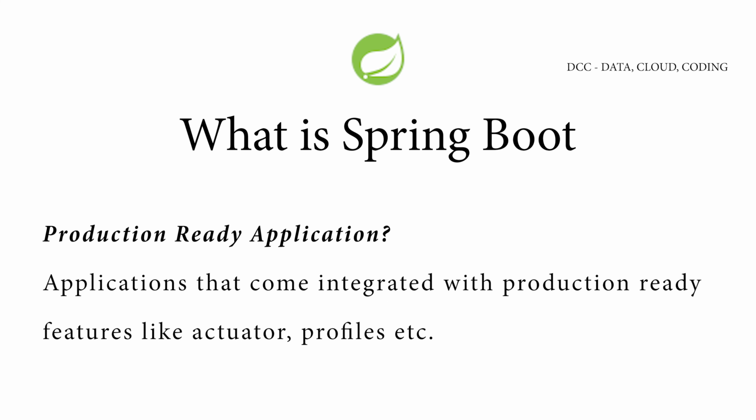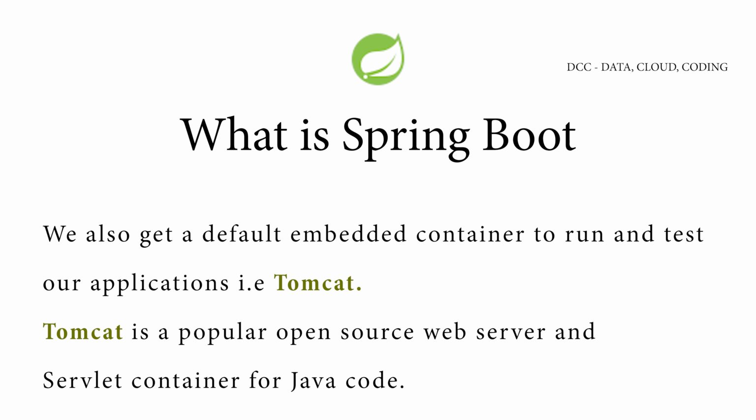Applications that come integrated with production ready features like actuator, profiles, etc. Spring Boot also has a feature of a default embedded container to run and test our applications, that is Tomcat. Tomcat is an open source container to deploy and test our Java based applications.